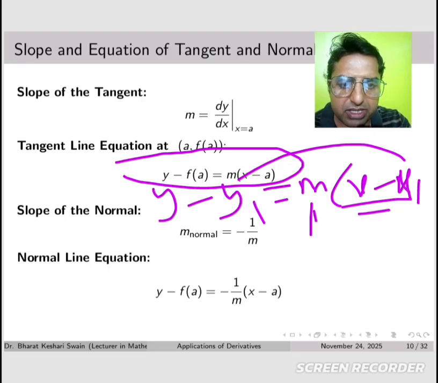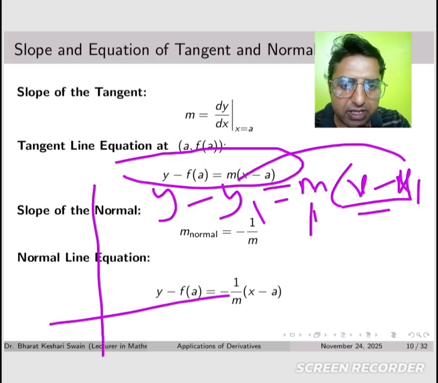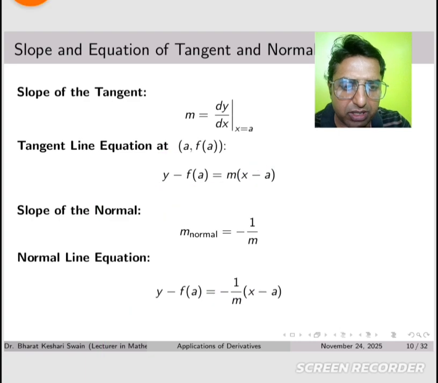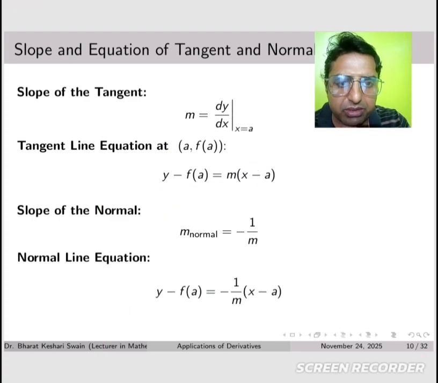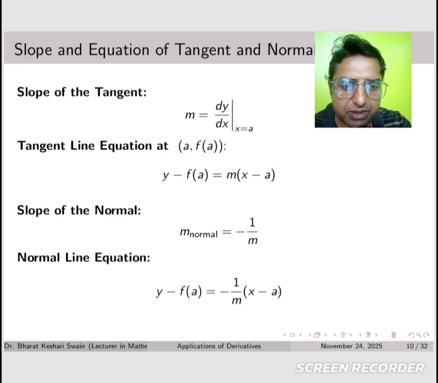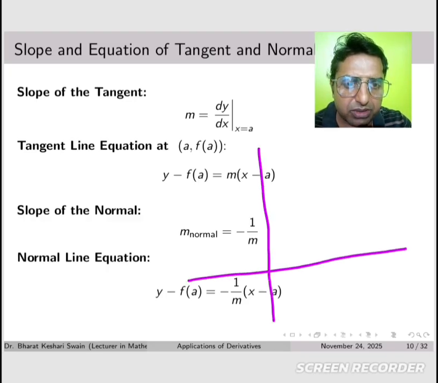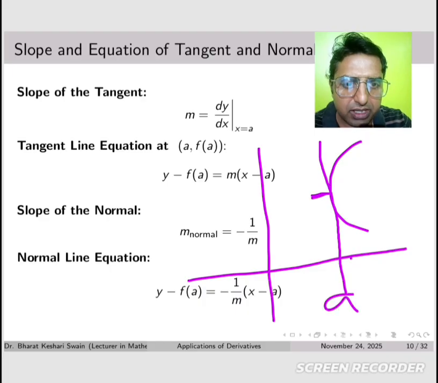Why is the point a, f of a? Let me draw again. If this is your curve and this is the tangent line at a point, and the x coordinate is a, then the y coordinate is f of a.